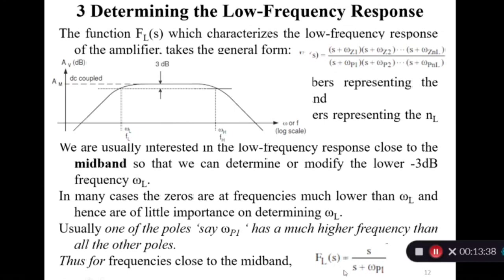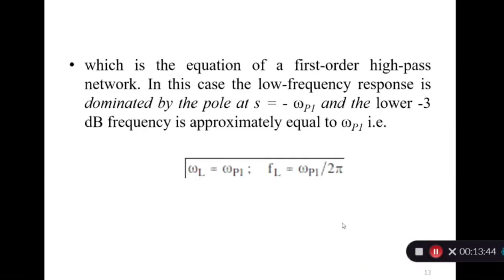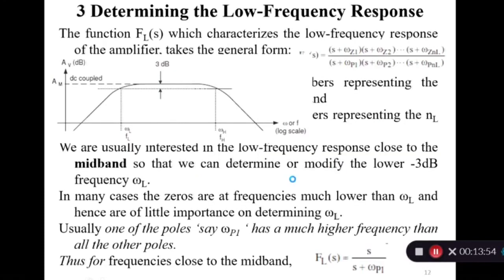You can calculate the pole: s plus omega p1 equals 0, s equals minus omega p1. So you can put in the formula and get omega L equal to omega p1, or fL equal to omega p1 upon 2 pi. What is this omega L? It is the one which we are calculating. So this is a very easy process when only one pole is much higher than the others.